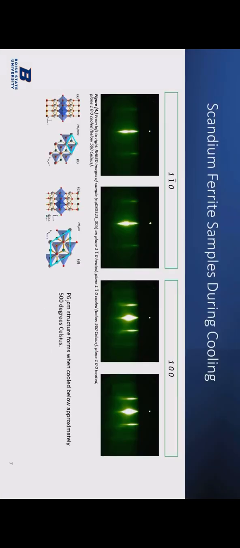And this is what we get to see while we're growing the material. So these are images from reflection high energy electron diffraction, where we have the 1 bar 0 and the 1 0. And from left to right, this is what we see while it's hot. And as it cools, we see this phase develop. And what's interesting is around 500 degrees, we begin to see faint lines showing in between these first order diffraction patterns.